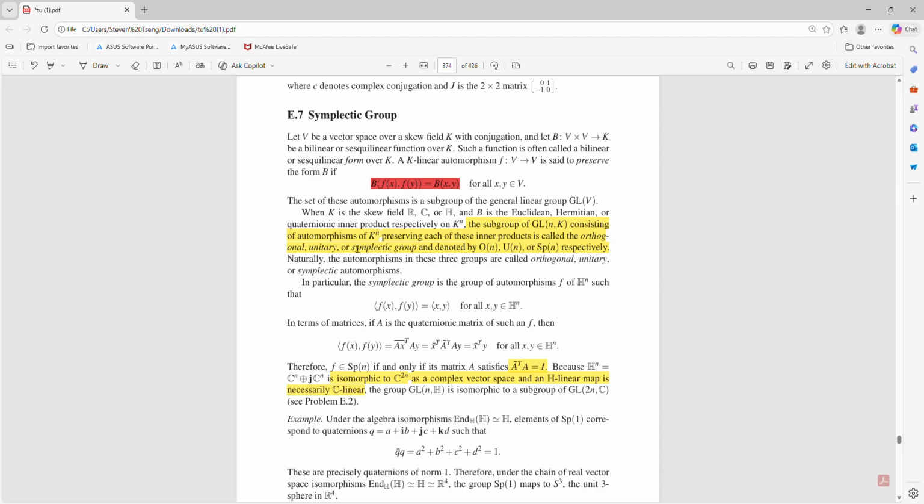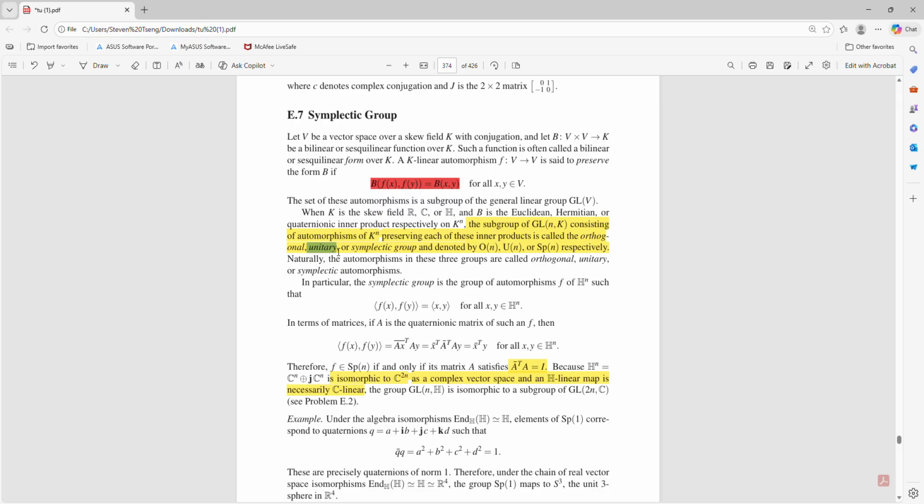The symplectic group is what we are talking about, and orthogonal is what we learn in undergrad linear algebra in the first year of college. And unitary is also learned in linear algebra class.